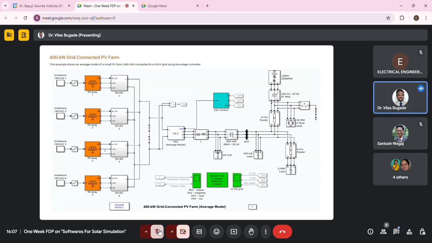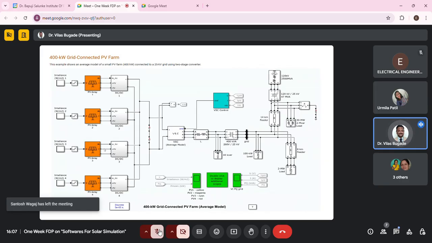Why am I telling you all these examples? Because the government is taking initiative on solar rooftop.